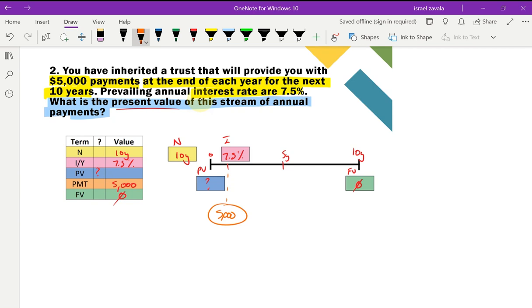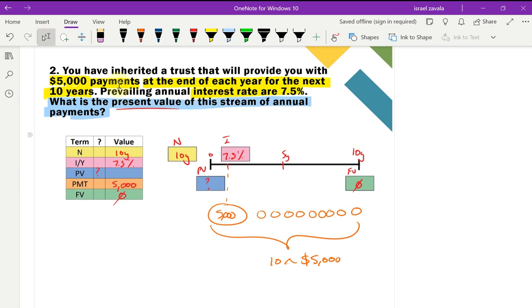So again, there's going to be, let's see, 1, 2, 3, 4, 5, 6, 9, 10. There's going to be a total 10 times $5,000, right? 10 years, $5,000 a year. So what is the present value? That's what we're looking for here. What is the present value of this stream of income discounted back at 7.5%?